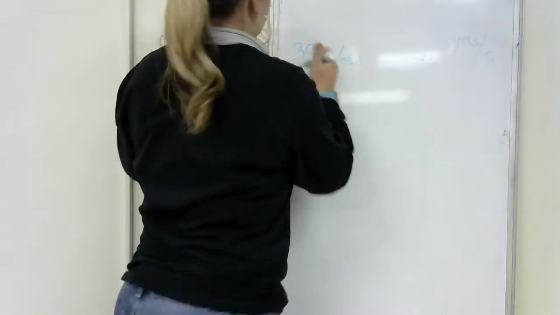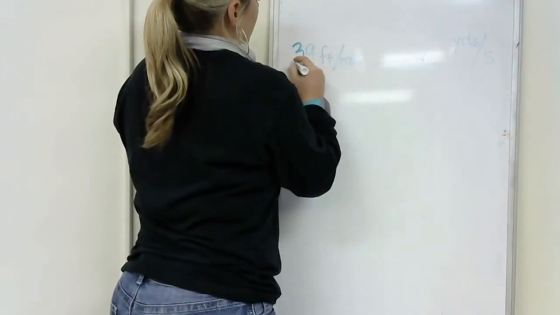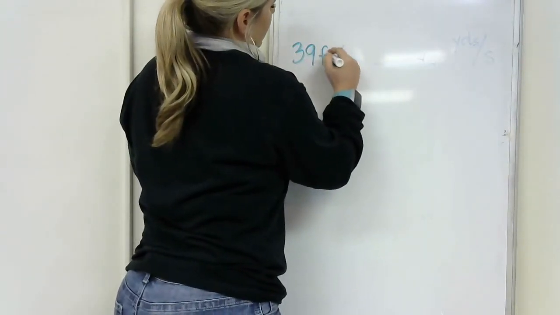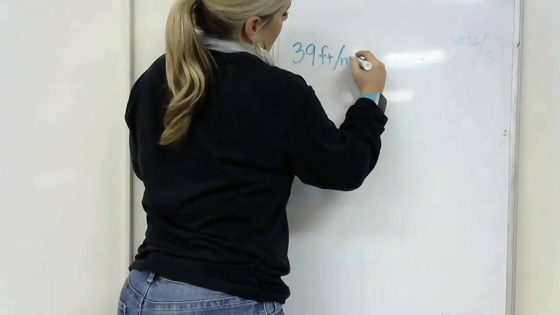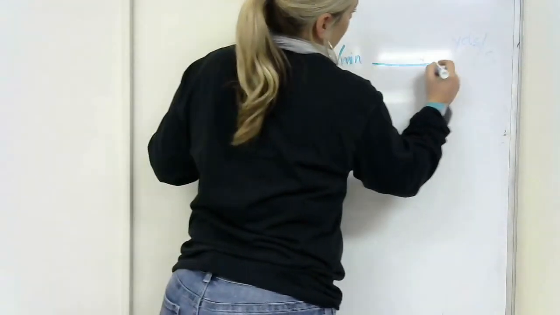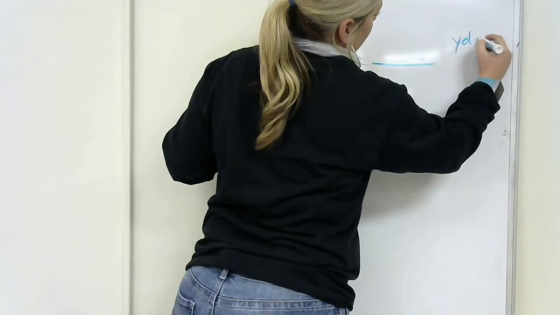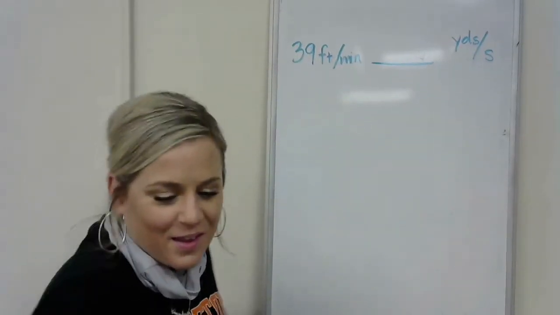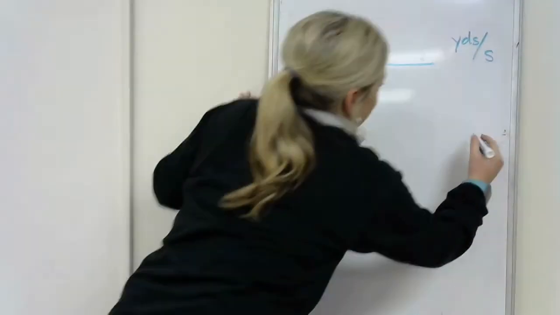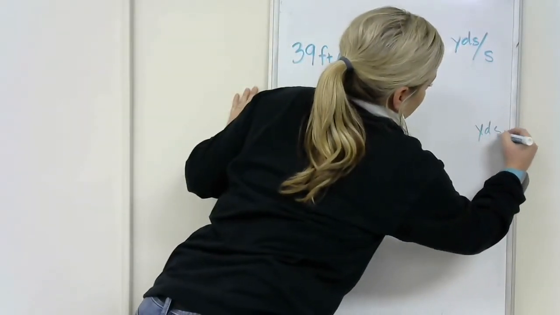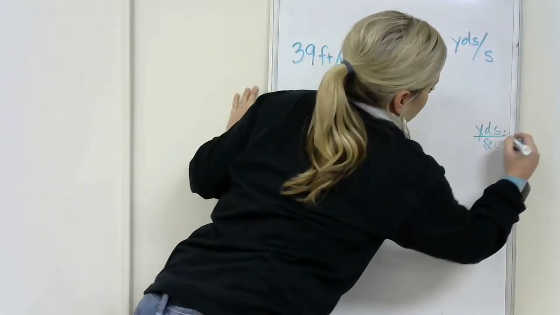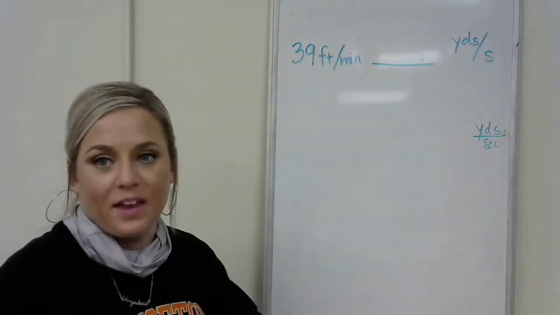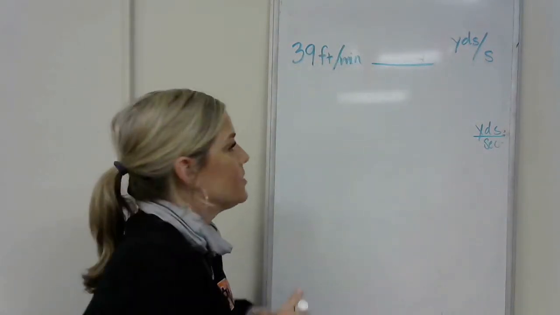Go over there. 39 feet per minute. And we're going to go yards to seconds. That's better. Okay, so our goal at the end is yards per second, right? Okay, got that at the end. That's my goal. So let's start.